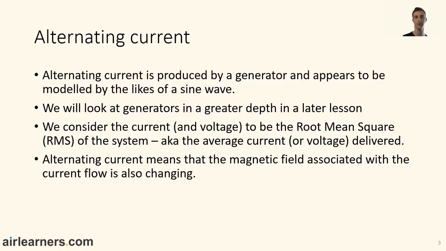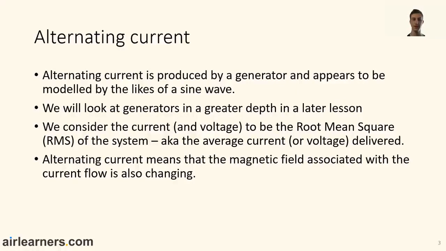So what is alternating current? It's produced by something called a generator, and that's something that we learn about a little later on in this unit. What happens is the power is produced in a shape that looks like a sine wave, or a cosine wave for that matter.